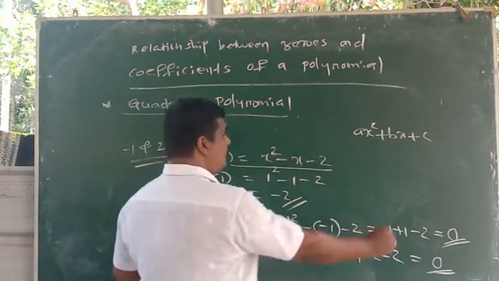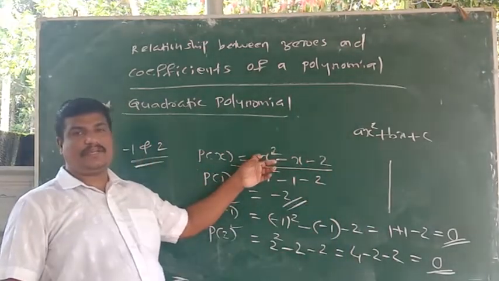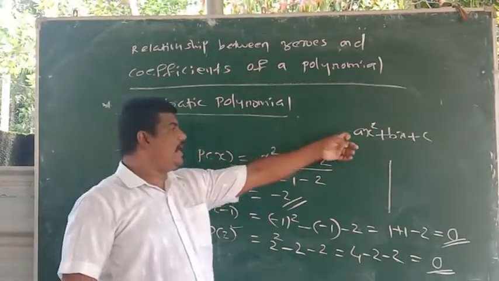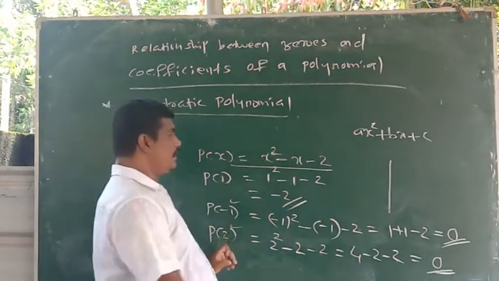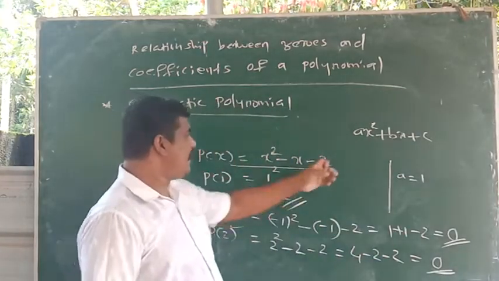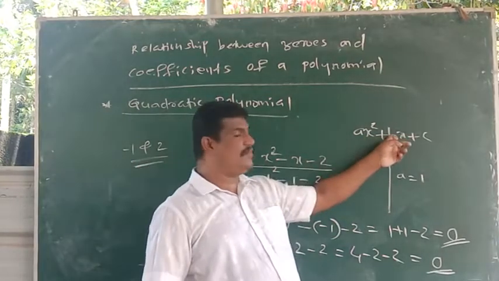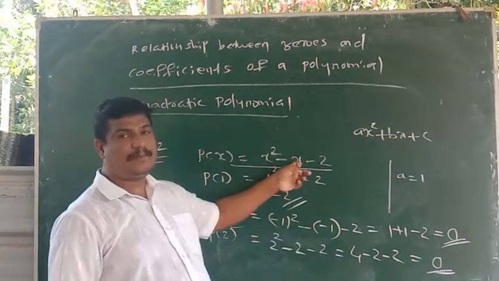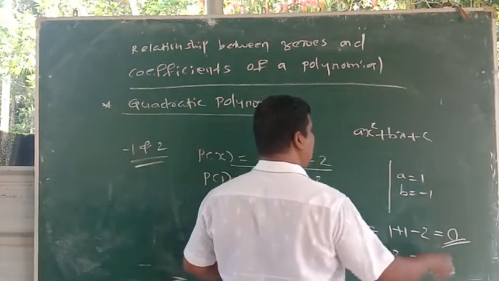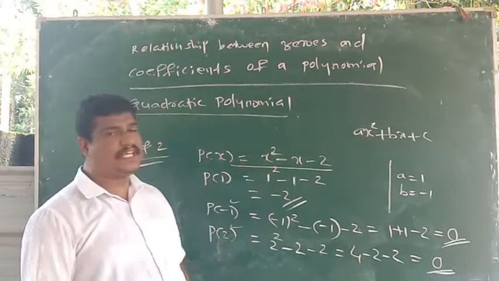Okay. Here, what is the coefficient of x square? The value of a is 1. What is the value of b, the x coefficient? The value of b is minus 1. What is the constant term in the polynomial?